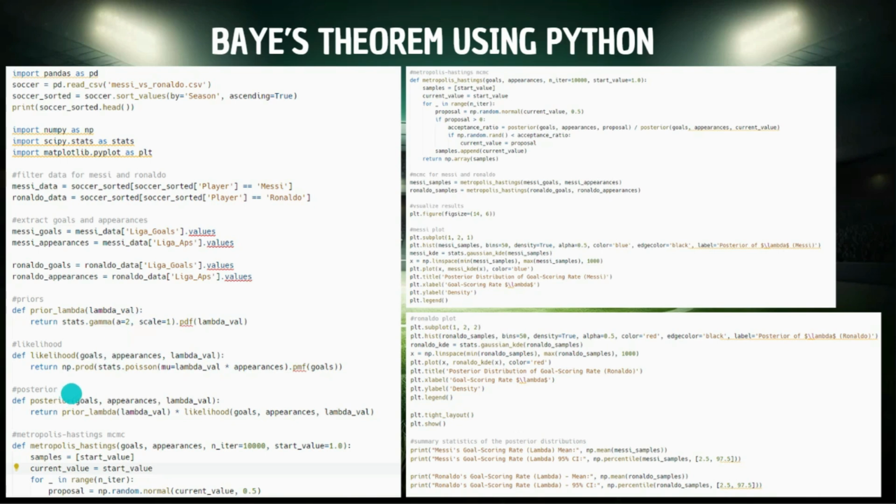And we see that the posterior distribution combines the prior distribution and the likelihood function to update our beliefs about lambda after observing the data. In Bayesian inference, the posterior distribution is proportional to the product of the prior and the likelihood.